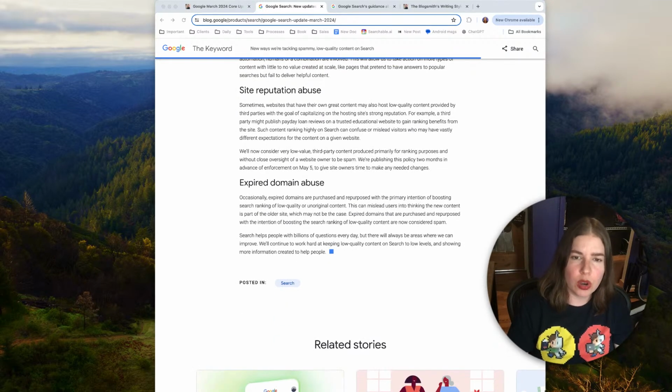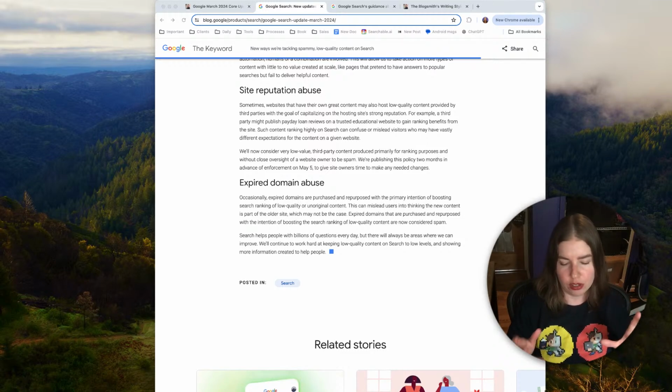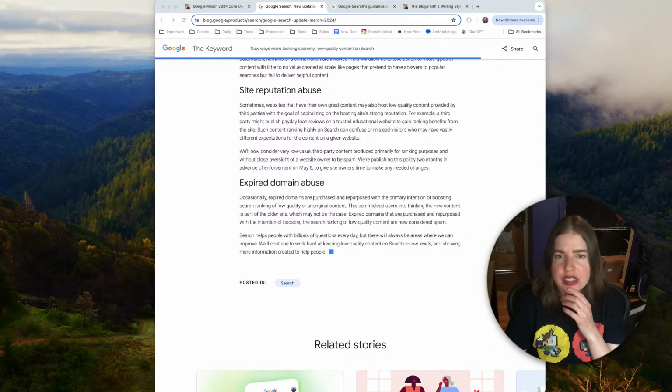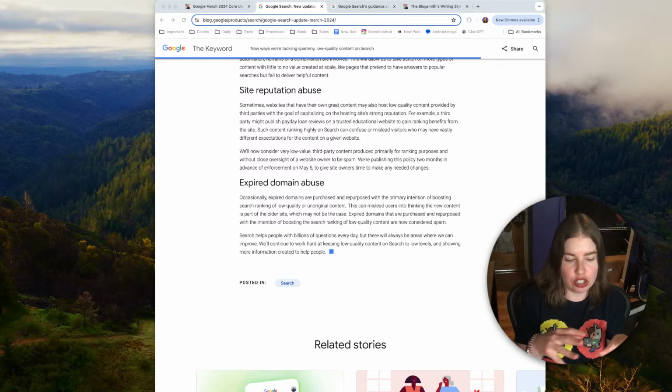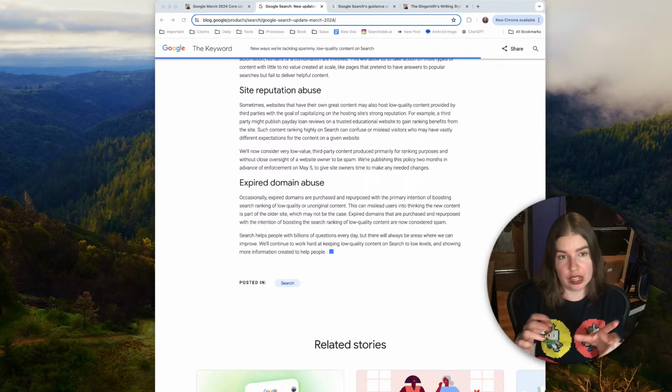And then the last one, which again is going to affect a very specific group of people, is expired domain abuse. I think we had this example in our article. Say, for example, someone in the affiliate space purchased a domain that a charity used to own, and then started posting a bunch of content that's unrelated there.